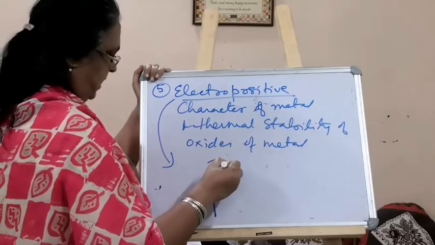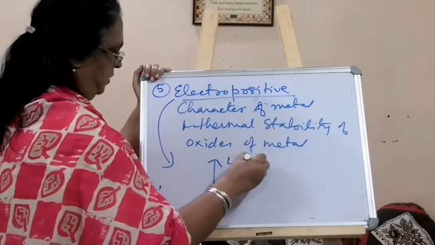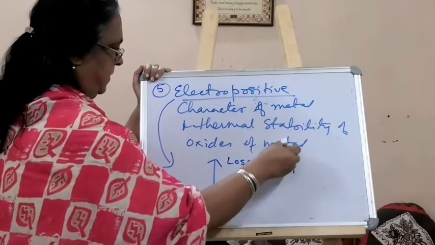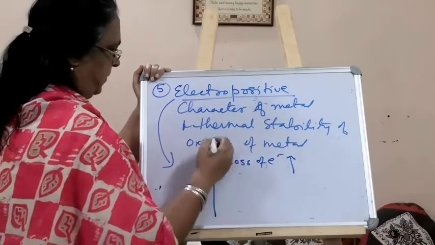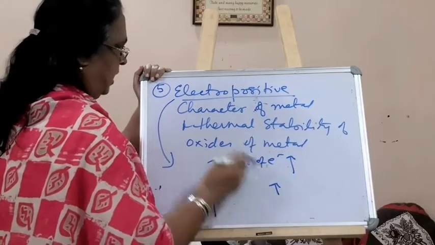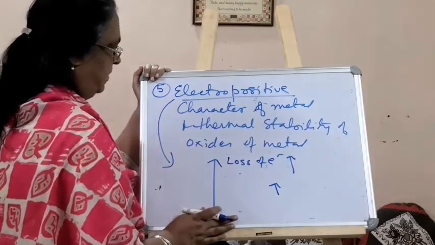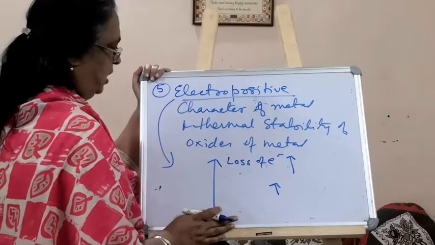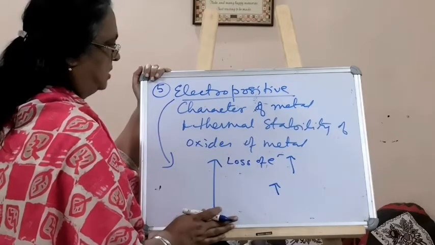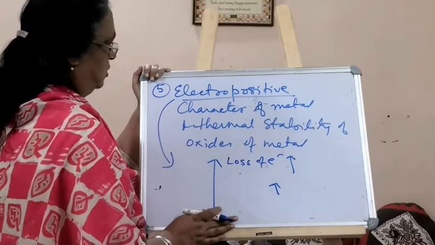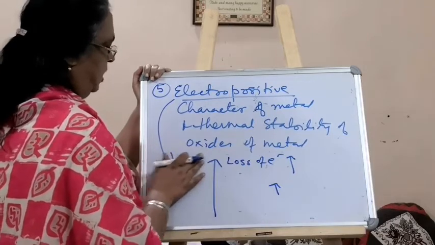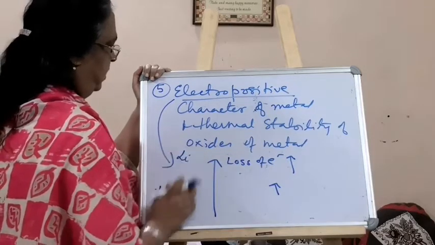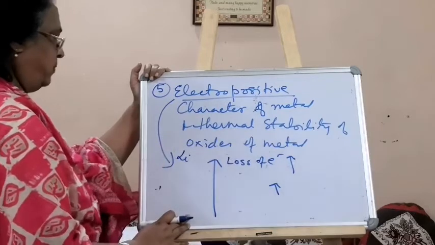Since loss of electron is increasing, electropositive behavior will also increase. Electropositive behavior increasing means it is more metallic in nature, which means it is more reactive. So the metals present at the top, lithium we have here, lithium is most electropositive.